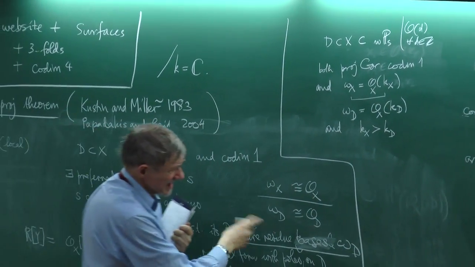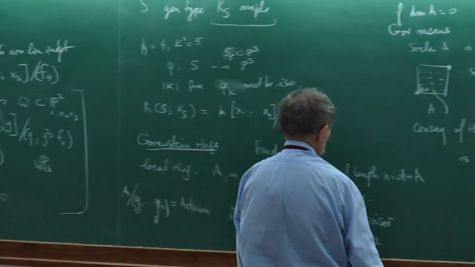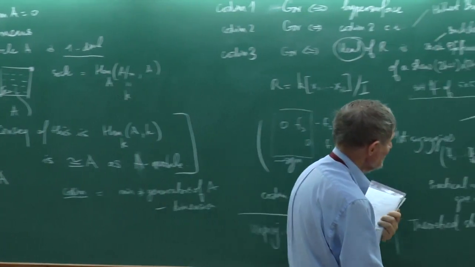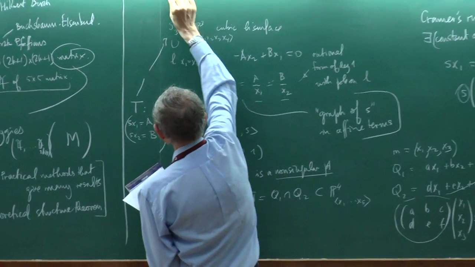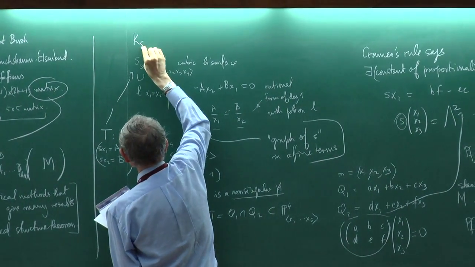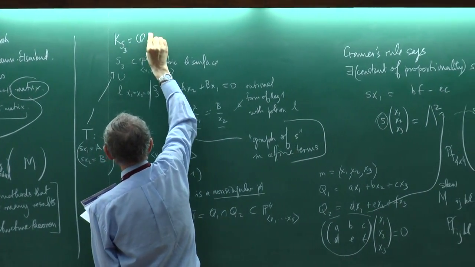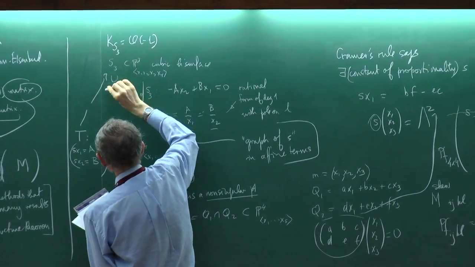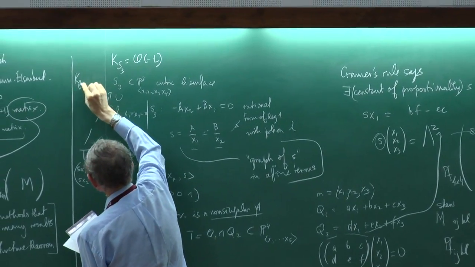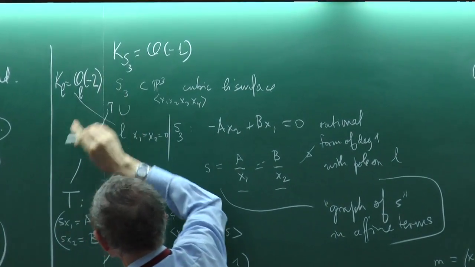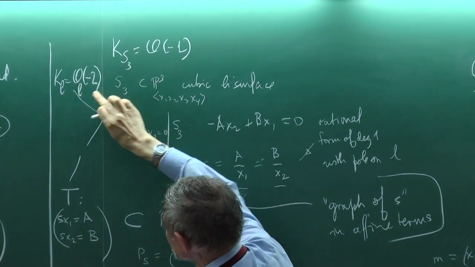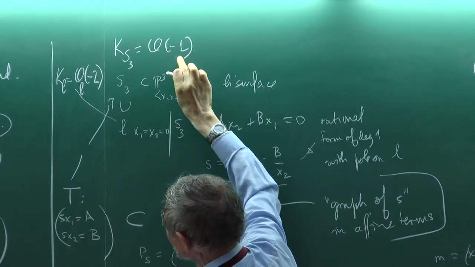Then let me first explain that little assumption here. In this case, where have I got these del Pezzo surfaces? This KS3 is O of minus 1, and K of L is OL of minus 2. So this assumption here is that minus 1 is greater than minus 2.